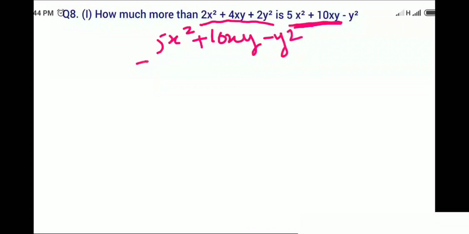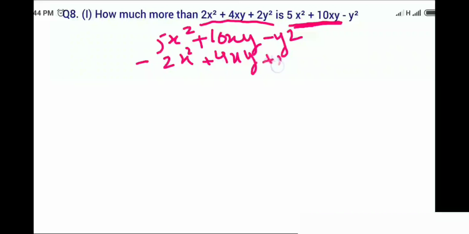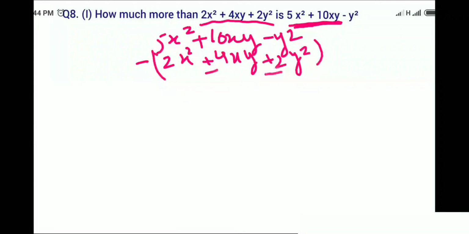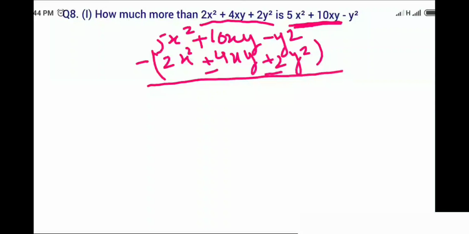Minus 2x square plus 4xy plus 2y square. Minus y square is equal to minus 3y square.